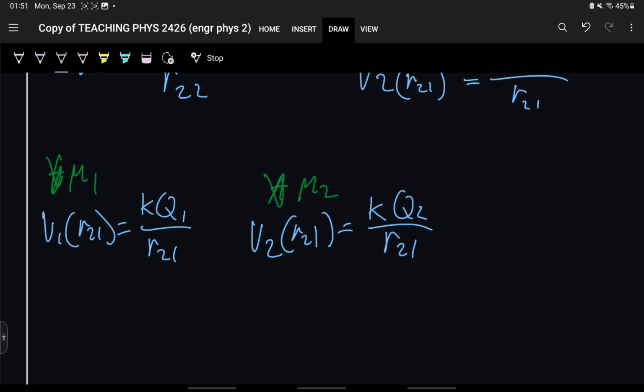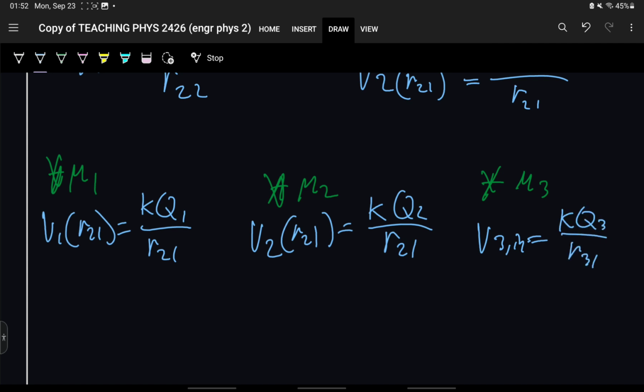And then we have the potential due to M3. To find the potential at R2,1 due to M3, we have V3 inside equal to K times Q3 all divided by R3,1.